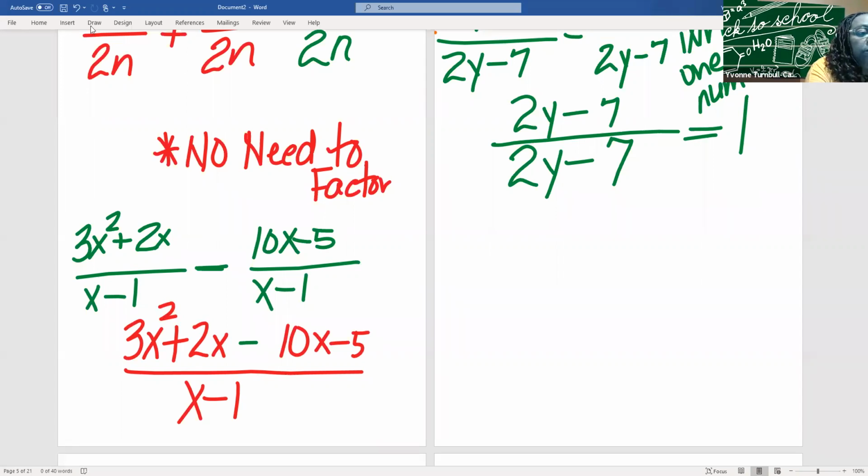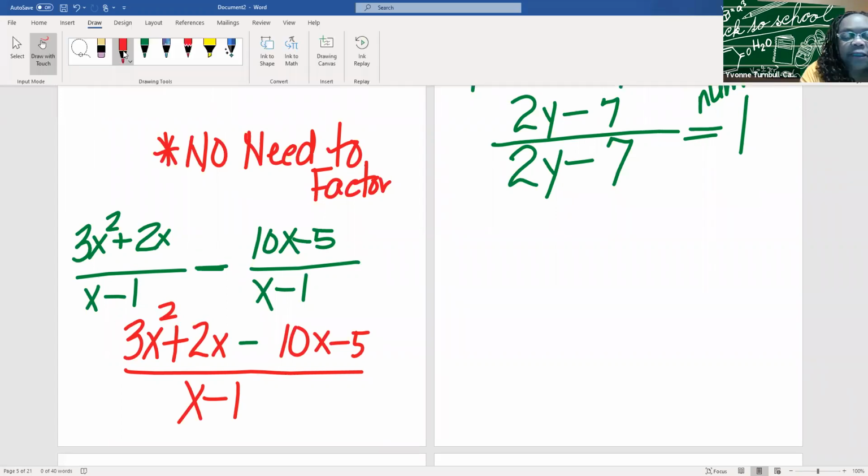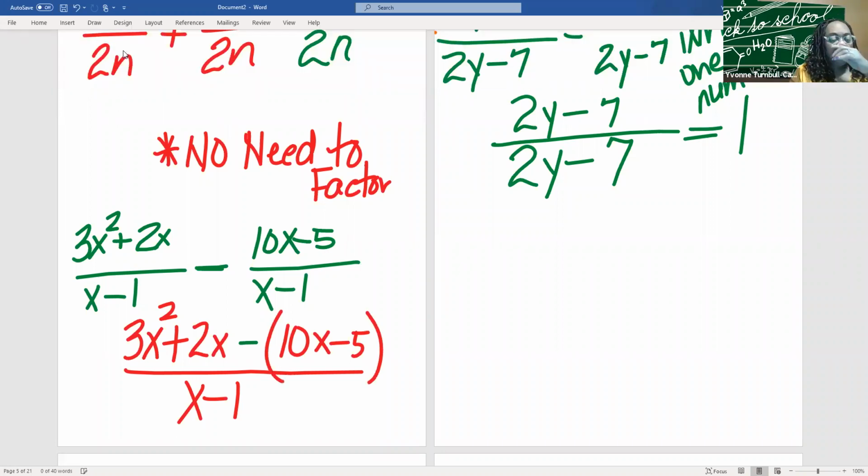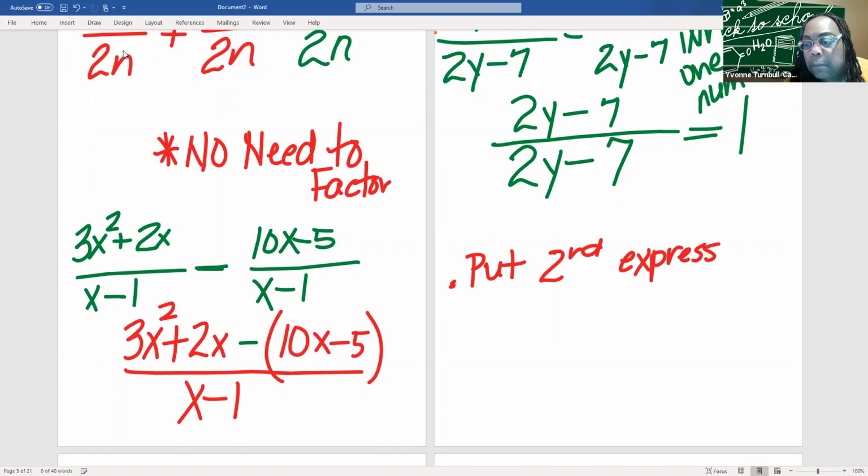What I normally do to make sure I understand the concept, I'm going to share with you. My second part of my numerator, I wrote in parentheses because it's an expression. So here again, it helps you put things in perspective. Put the second expression in parentheses. And this is why.